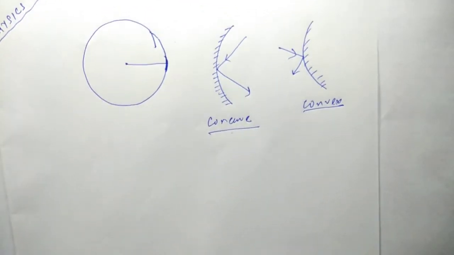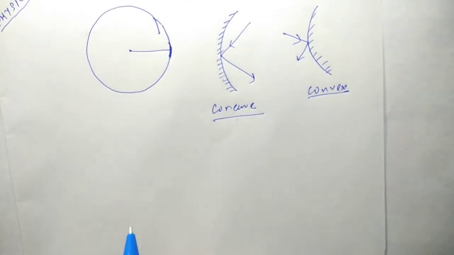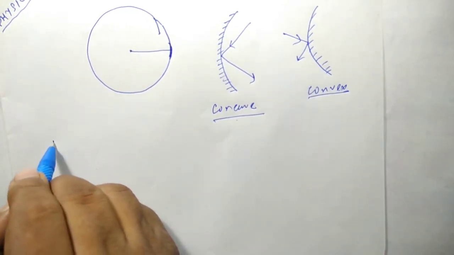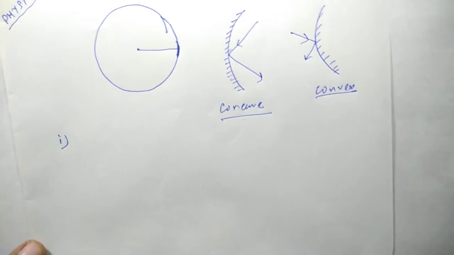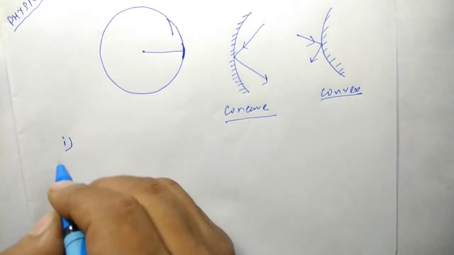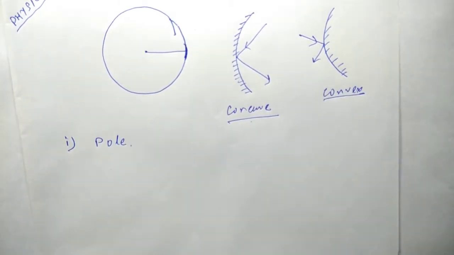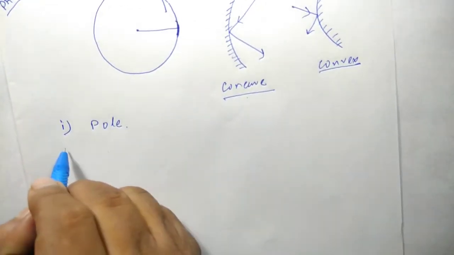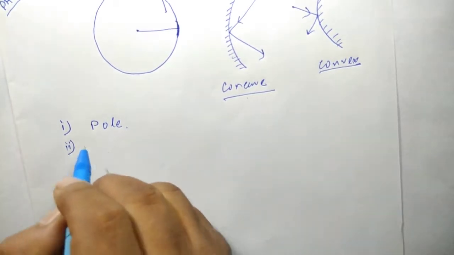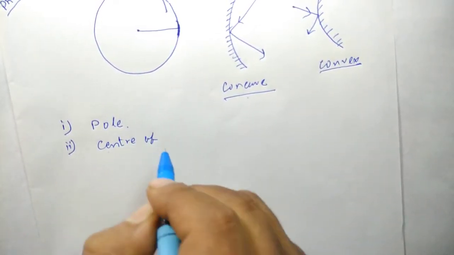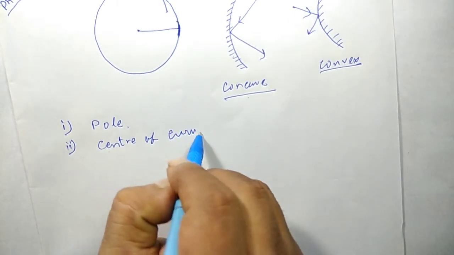Okay, let's write down the terms involved with a spherical mirror. Then we will define them one by one. So what are the terms involved with a spherical mirror? First of all, number one is pole. Number two is the center of curvature.